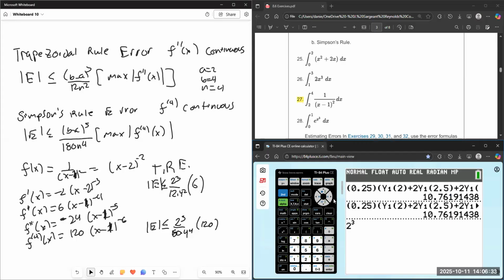2 to the third times 6 divided by 12 times 4 to the second is, that looks like a quarter.